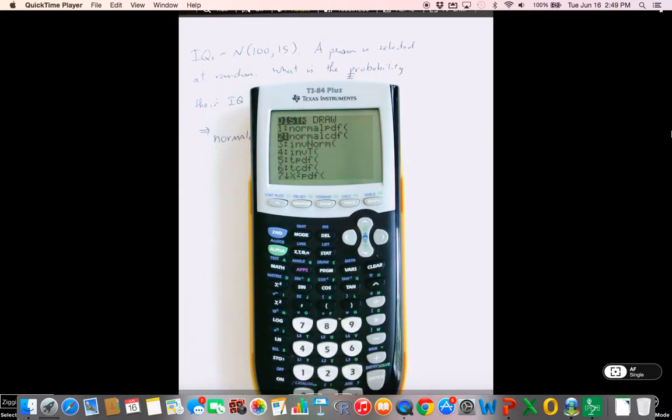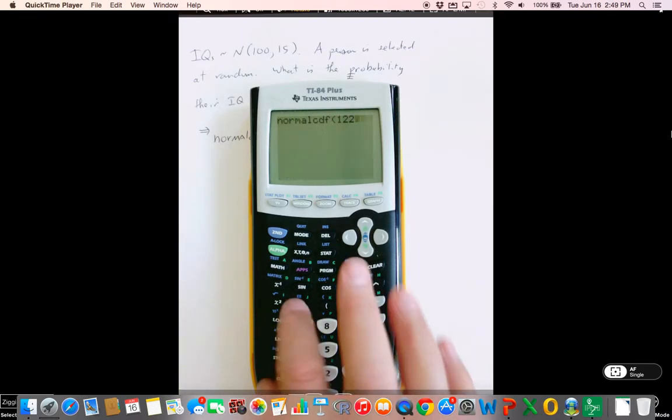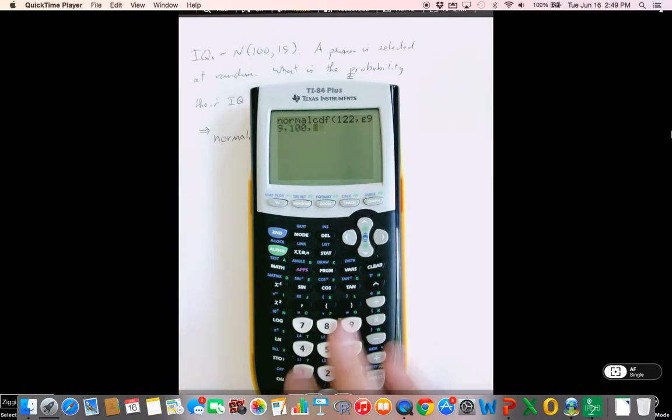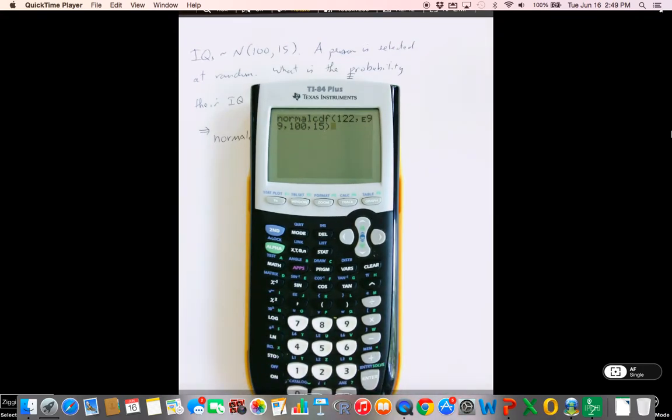So distribution, normal CDF. We got 122, comma, E99, comma 100. The main reason I'm doing this is for those of you that have the old operating system on your calculators, which is fine. The keystrokes are just a little different. So enter, and we're going to get 0.0712.